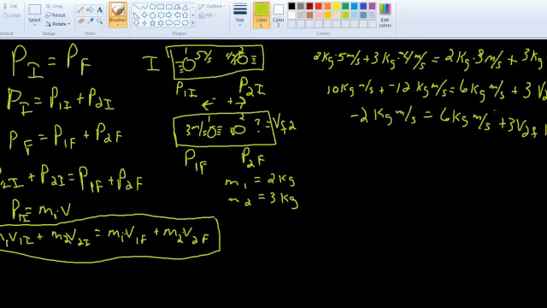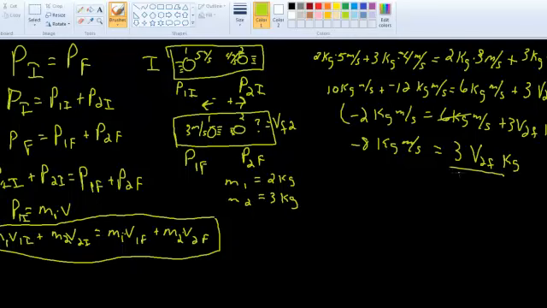Let's subtract 6 kilogram meters per second from both sides. And when we do so, on this side it goes away. On this side we have negative 2 minus 6, negative 8 kilogram meters per second. And on the right side we have the 3 V2F kg.